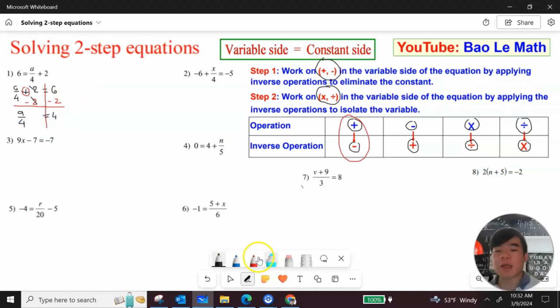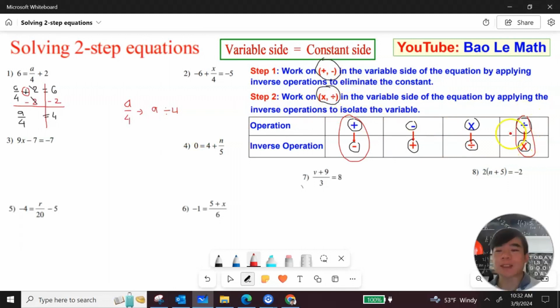Now I look at step number 2. Work on multiplication and division. Whenever you see a line like this, a over 4 is the same thing as a divided by 4. So the inverse of division is multiplication.